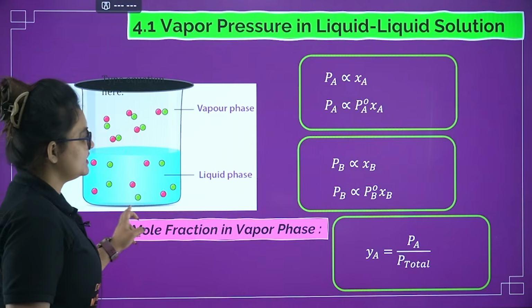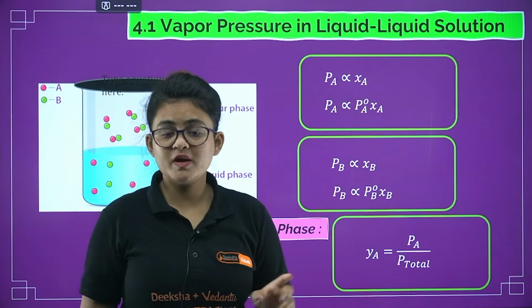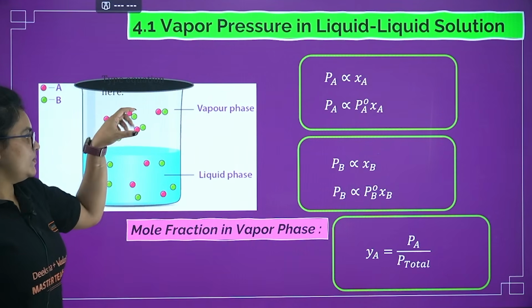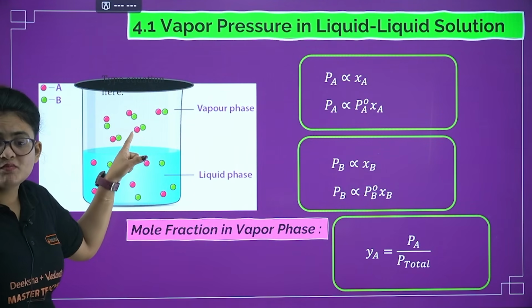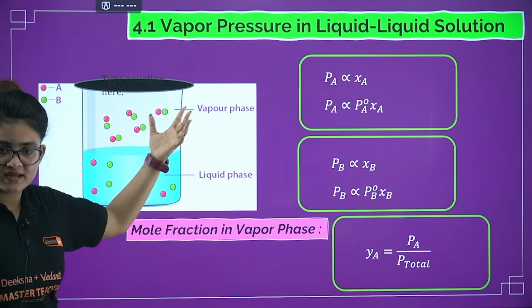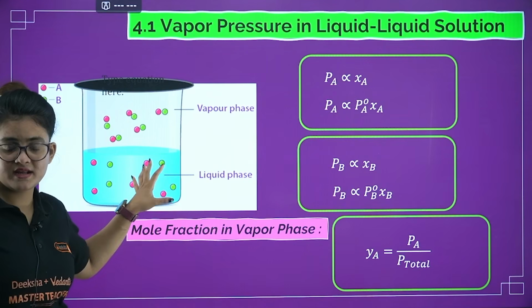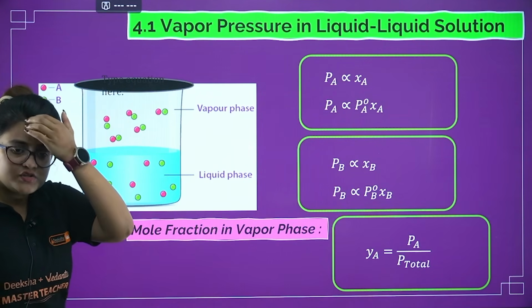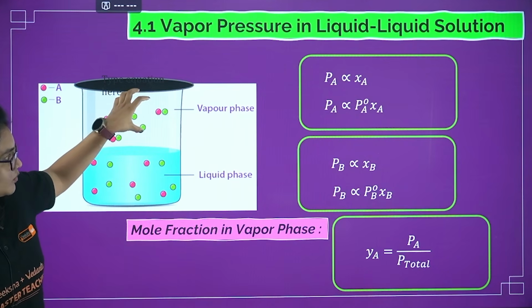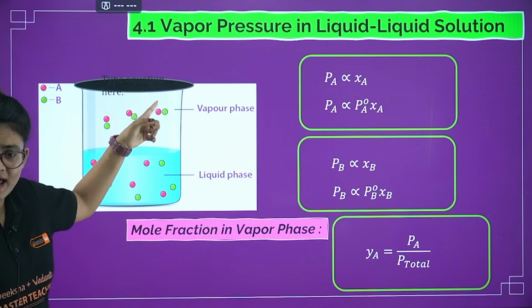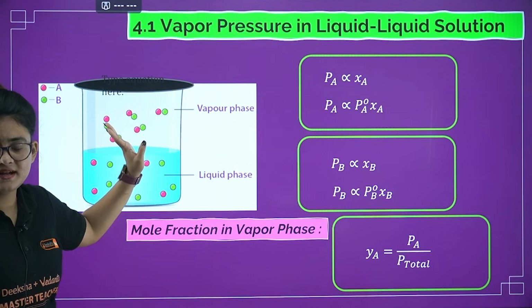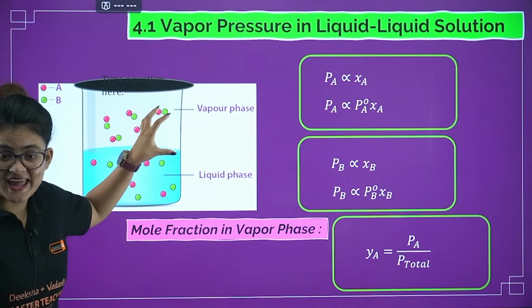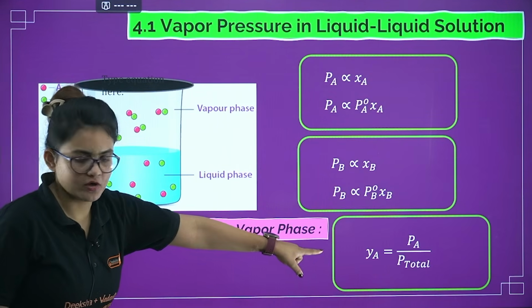Now one more thing that I wanted to tell, that is the vapor phase composition. Basically, if you look at the vapor, it has the components of both green and red, because A and B only we added here, right? A one volatile liquid and B one volatile liquid. So in the vapor we are having the composition of both red and green. What is the composition in the vapor of A, if I ask you? This is the formula.